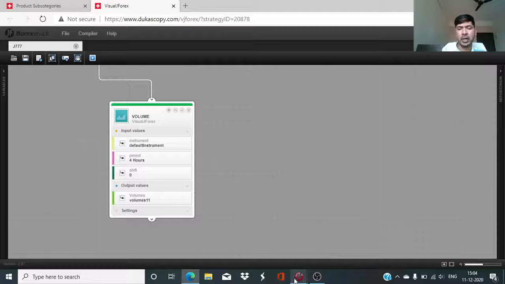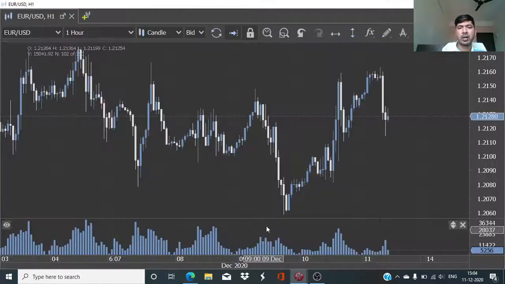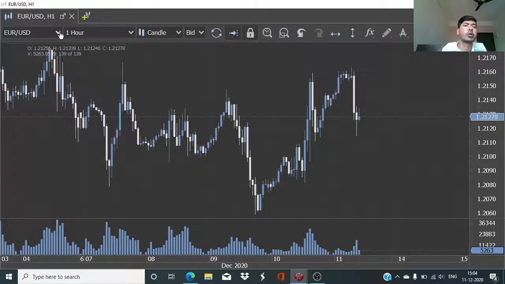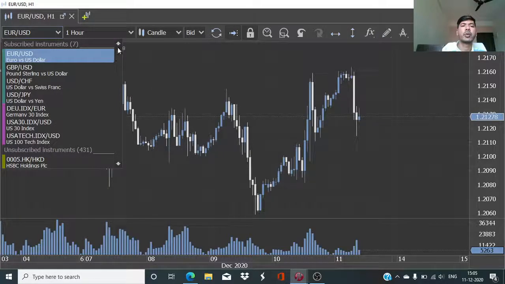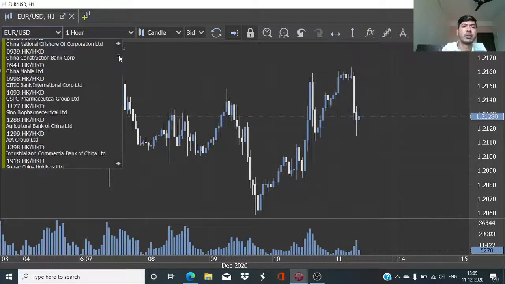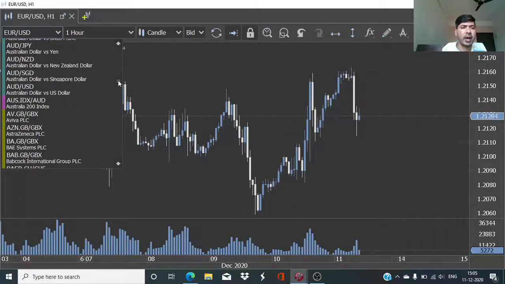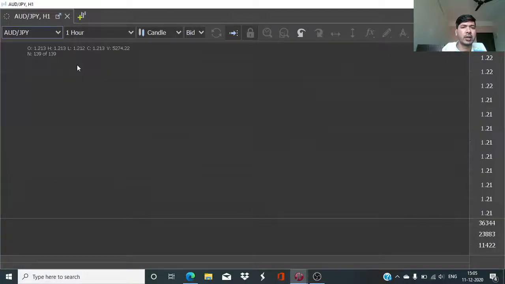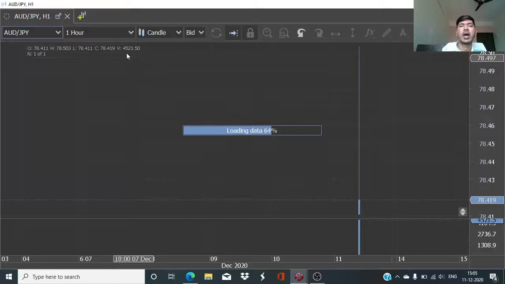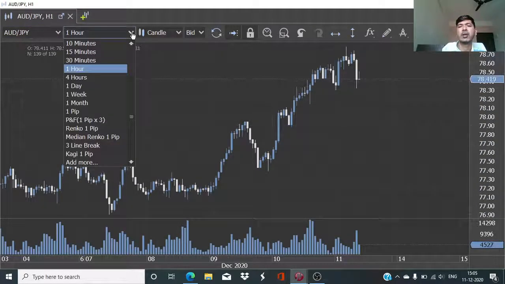Let us change the chart also to see how our combination will look in real time. AUD is the instrument of our choice. The time period of candle we have chosen is 4 hours.